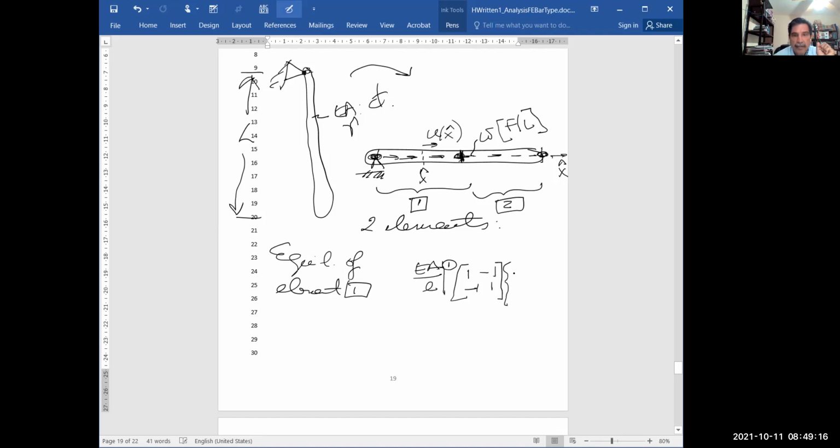And then here is D1x of the first element, D2x of the first element. I'm sorry, this is wrong. They both belong to the first element. And on the right, we're going to include the external forces applied on the first element.